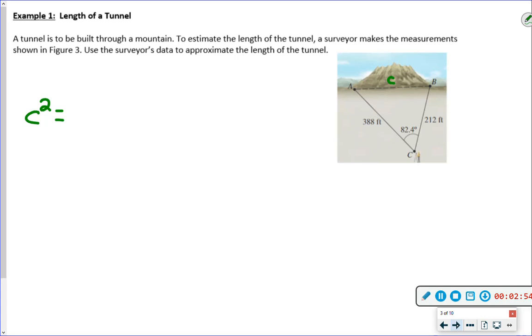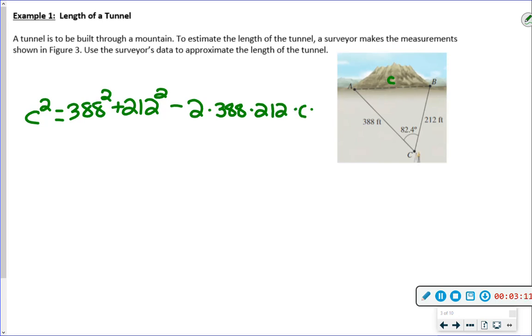I don't care if you start with the 388 or the 212. 388 squared plus 212 squared, minus 2 times those sides. So 2 times 388 times 212 times the cosine, Law of Cosines, of the angle across from the side you started with. So angle C, which is the 82.4 degrees.